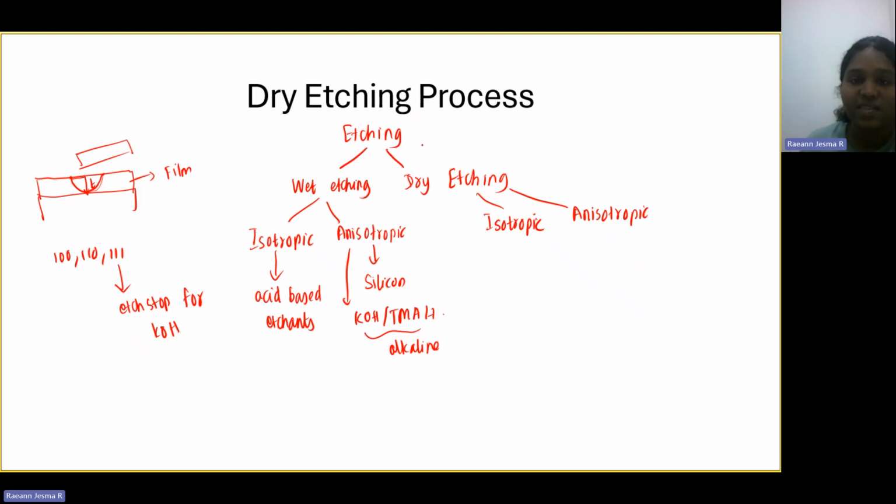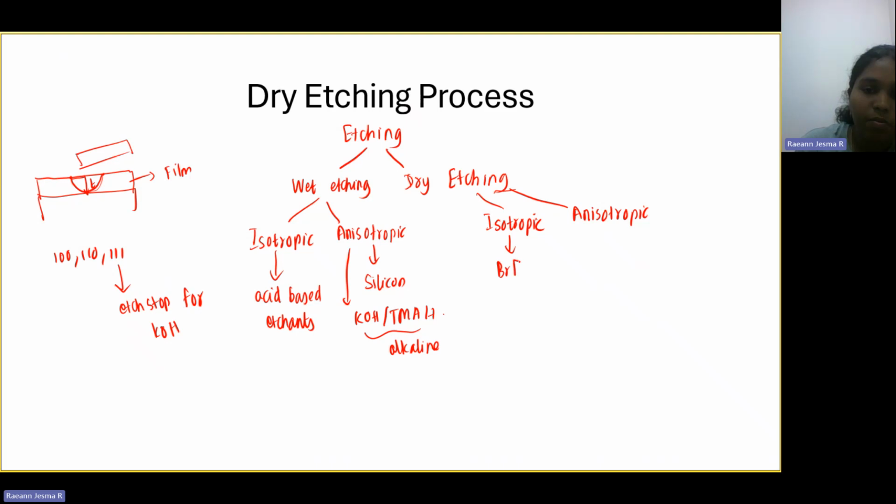In dry etching, we use plasma or gaseous reactants, and we can also use ions that are generated to etch the sample. If you are using gases such as BrF3, xenon fluoride, or ClF3, you will get isotropic etching.